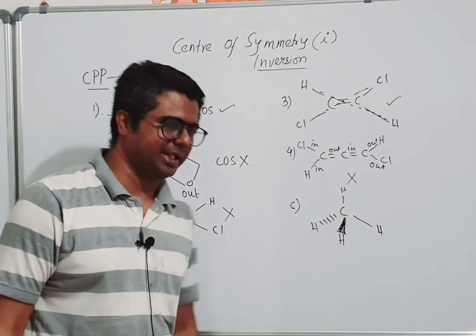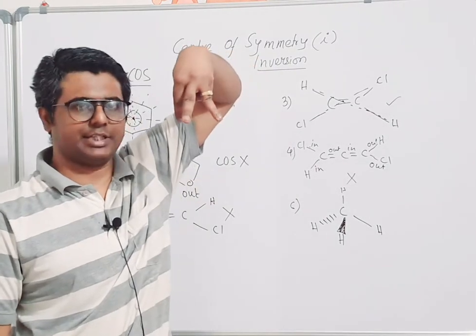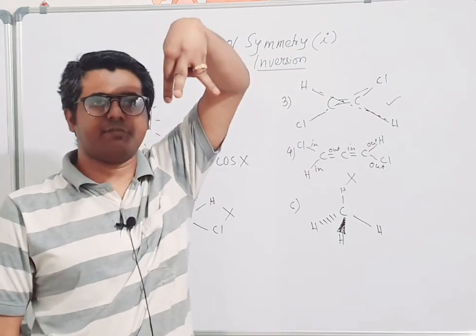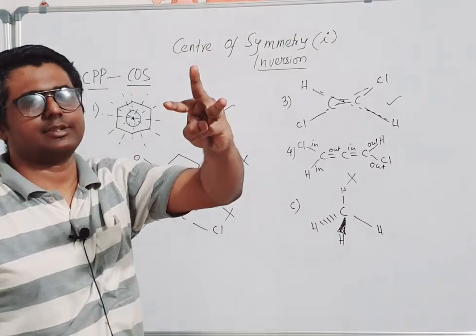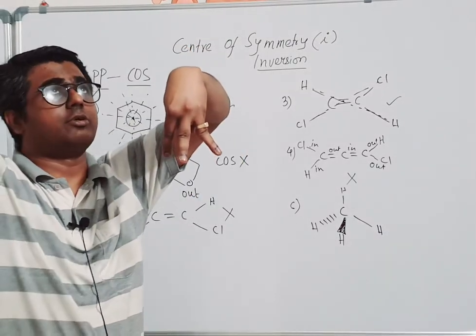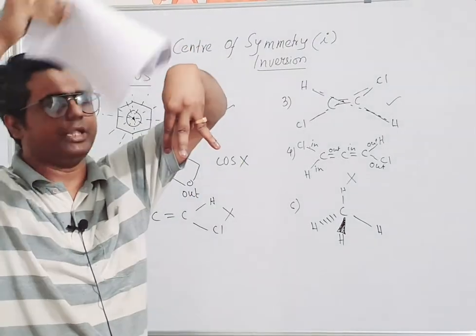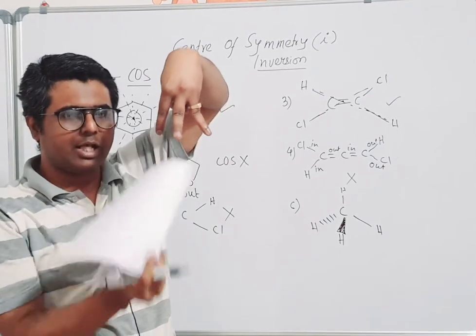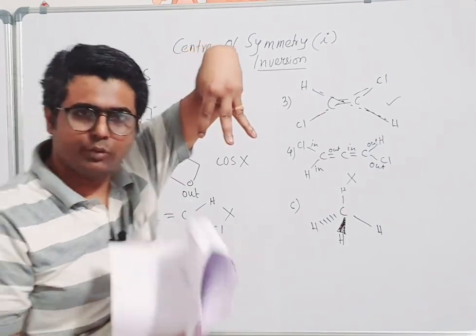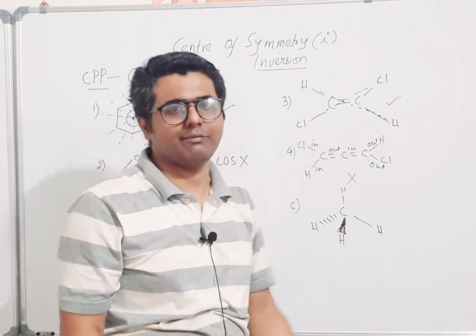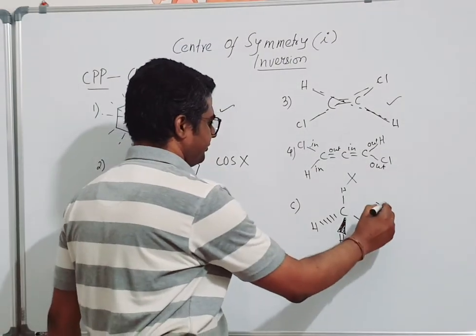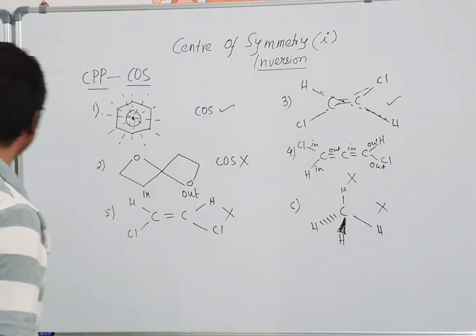Now, how is methane? Methane is basically like this. If you see that 3 hydrogens are like 3 fingers, if you just protrude like this. If you try to draw a line from the upper hydrogen over here, it will pass through the middle and will not touch any other hydrogen while it goes down. So methane does not have any center of symmetry.